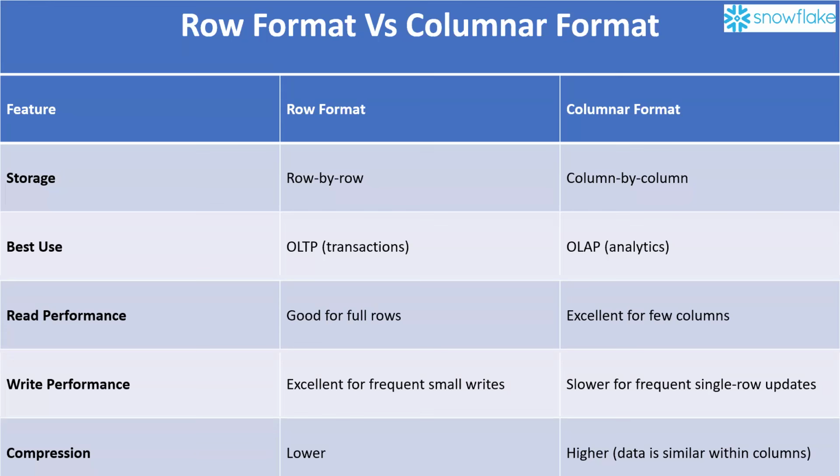For example, if I run a query, select star from sales table where date is between 1st July and 31st July, to check my last month's data, it will go and check only the date column and get the data from that column. It need not scan all the tables every time, so I can get the result very quickly.